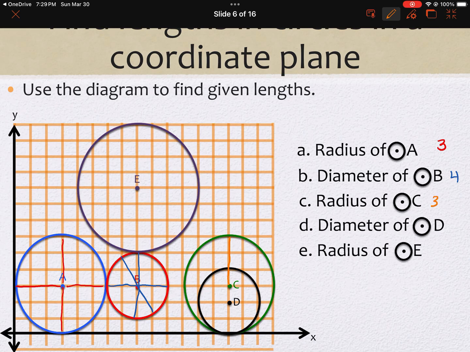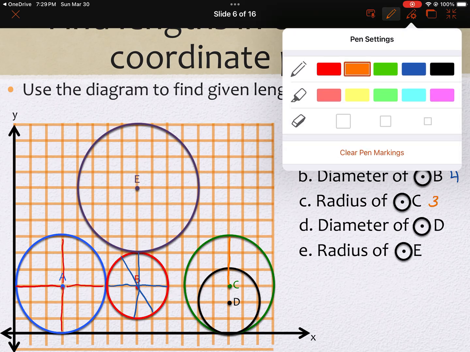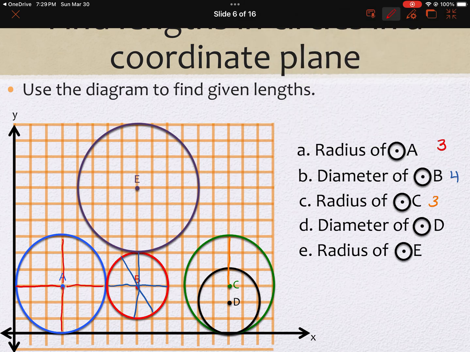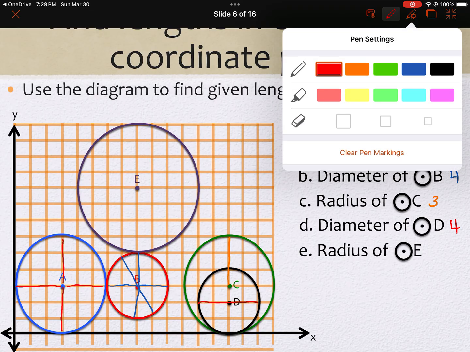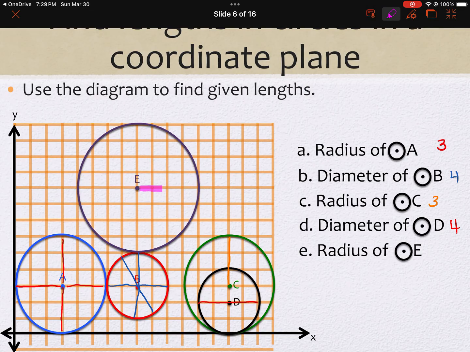It would be 3. Diameter of circle D would look like that. It would have a length of 4. What's the radius of circle E? It would be this guy. Looks like 4.